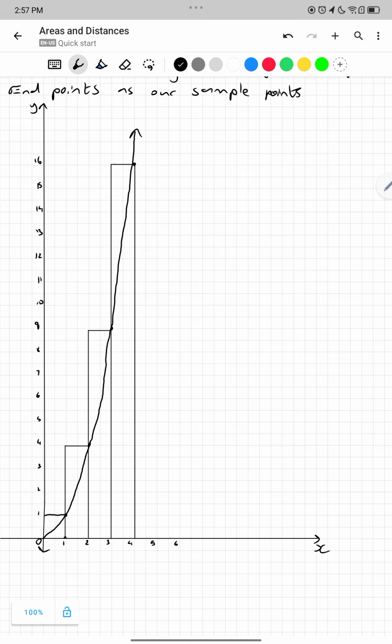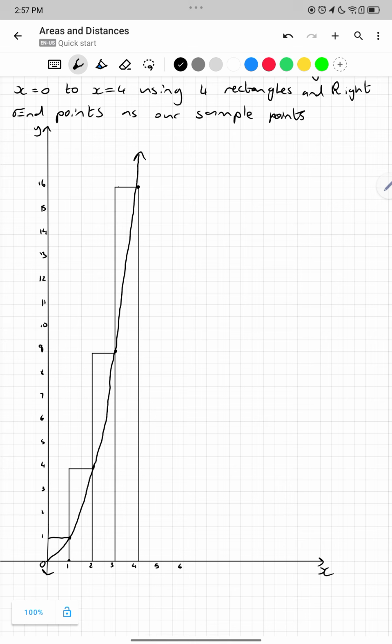And we need to find the widths of these rectangles. So it's going to be b, which is 4, minus a, which is 0, divided by the number of rectangles. So this is our width. The number of rectangles is going to be 4. So in that case, what we're going to have is equal to 1.